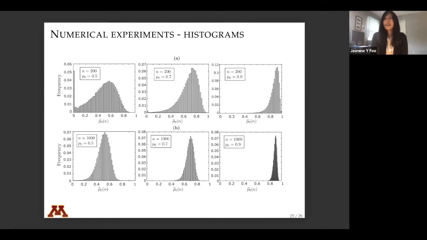You're looking at the estimated value of P naught, and you can compare with the true value. We can see that as the size of the subclone increases, in each case the estimate gets better and the histogram concentrates around the true value.